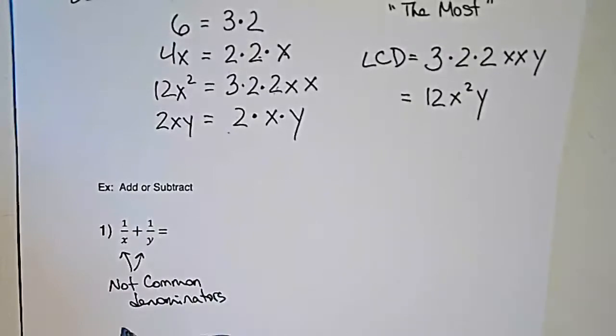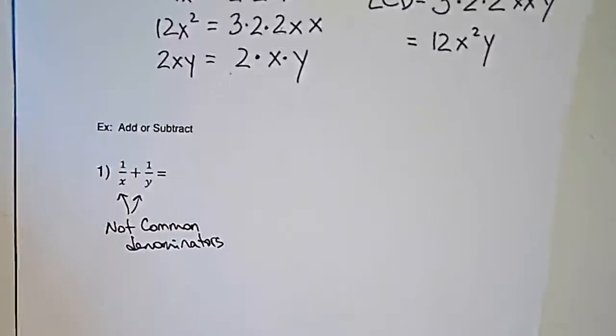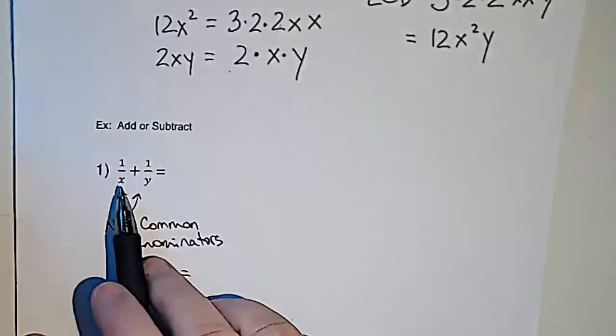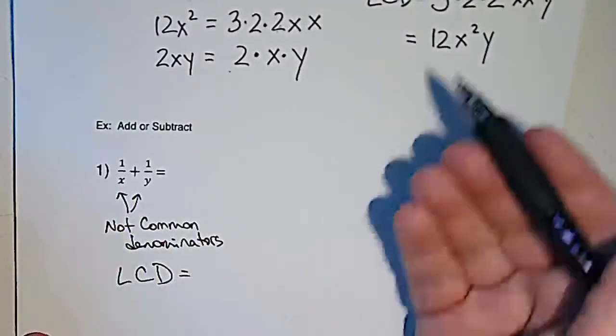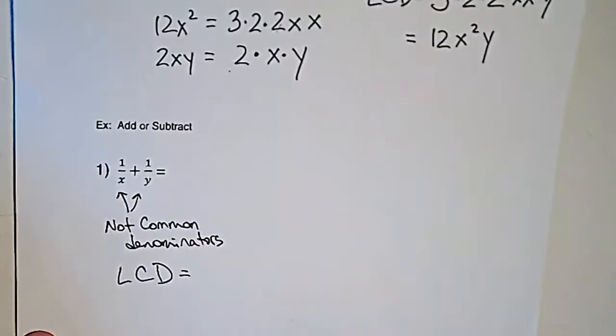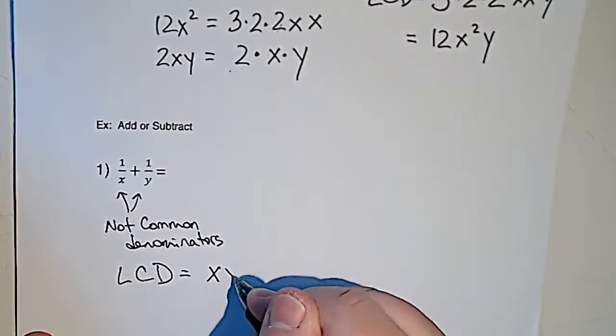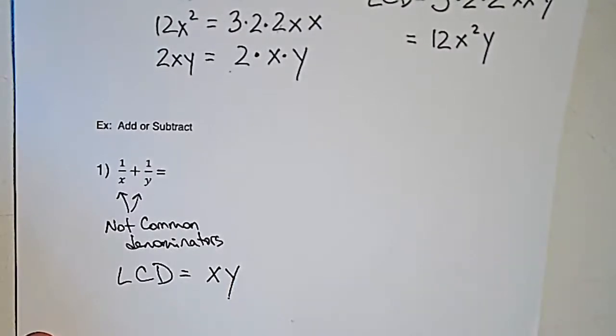So we have to come up with some common denominators. So the LCD, now in this case, there's an X and a Y. After everything we did up above, the LCD is just, you're right, X and Y. We got to take the most X's and the most Y's. So there's an X and a Y, we need them both.